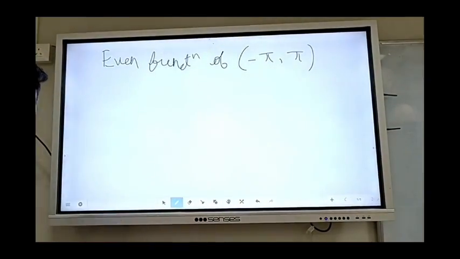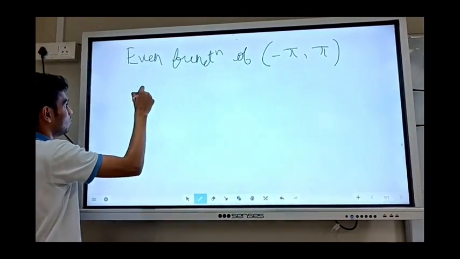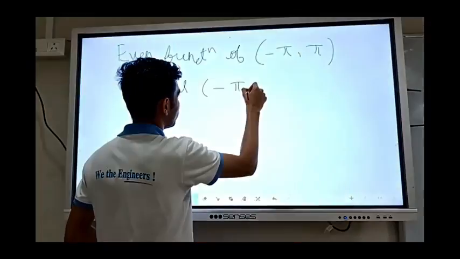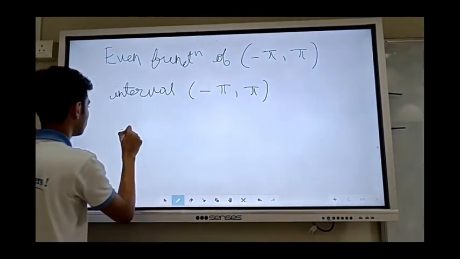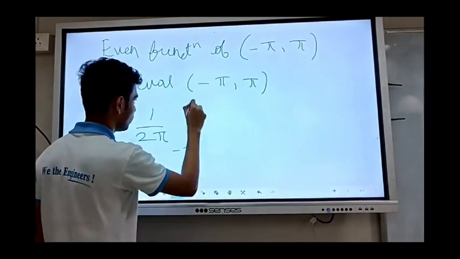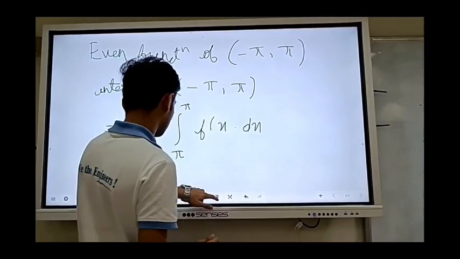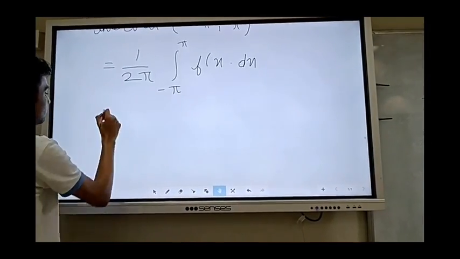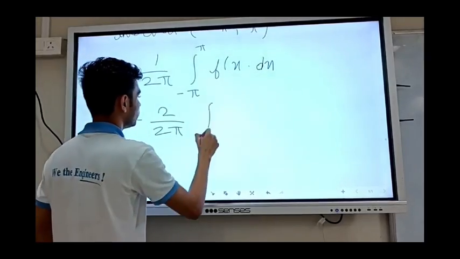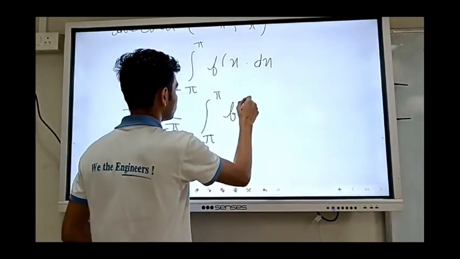So the even function on the interval minus pi to pi is given by 1 upon 2 pi integration minus pi to pi f of x dx. After substituting, we get 2 upon 2 pi integration minus pi to pi f of x dx.